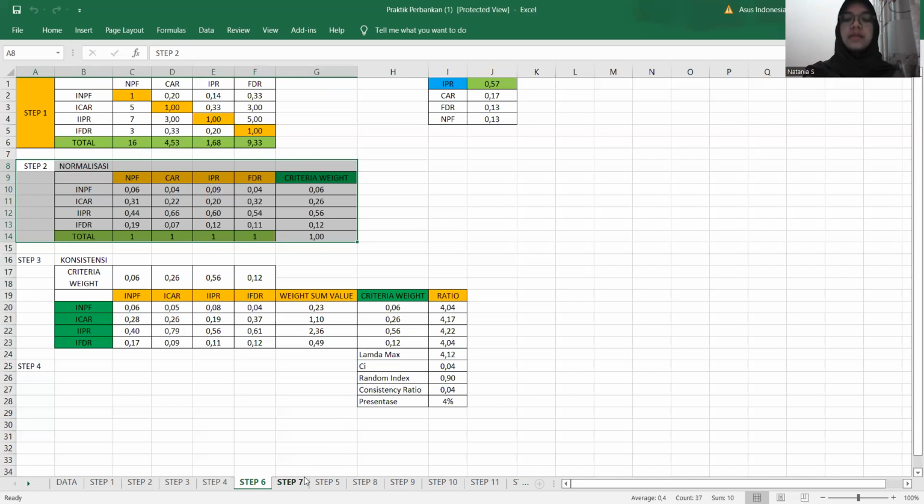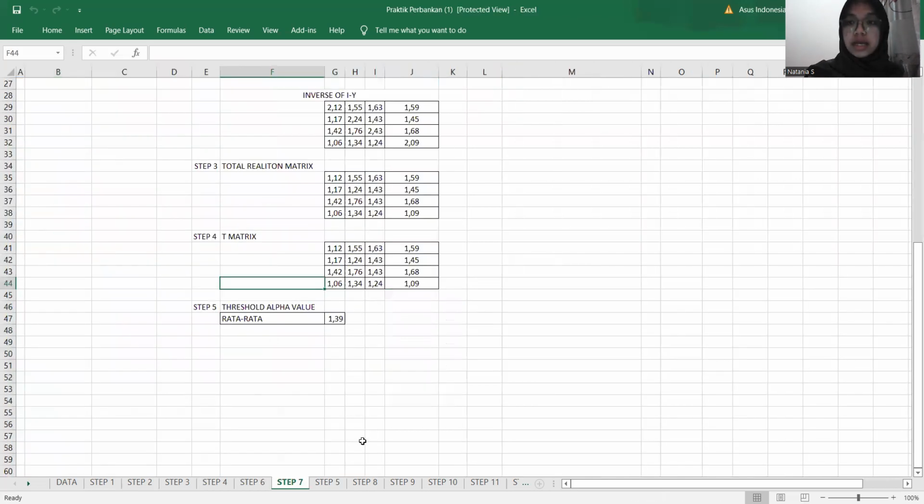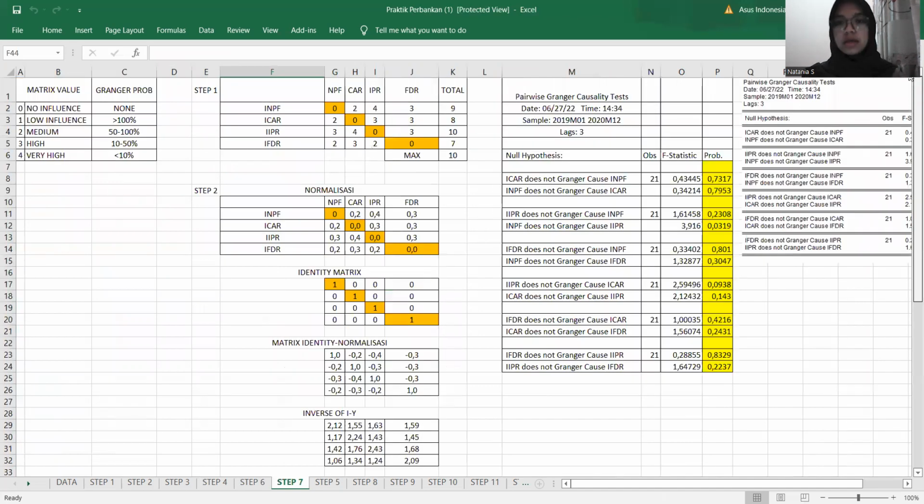And then the next step is step 7. In step 7, we use SPSS so that the suggested threshold for evaluating the index performance will be set.